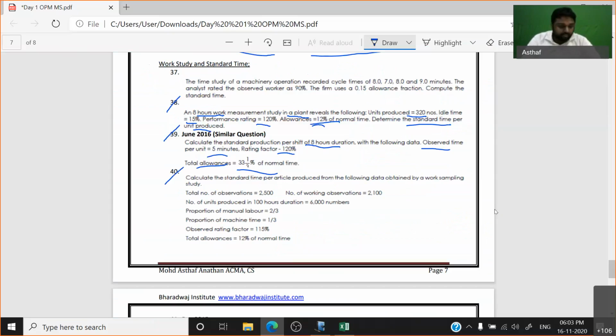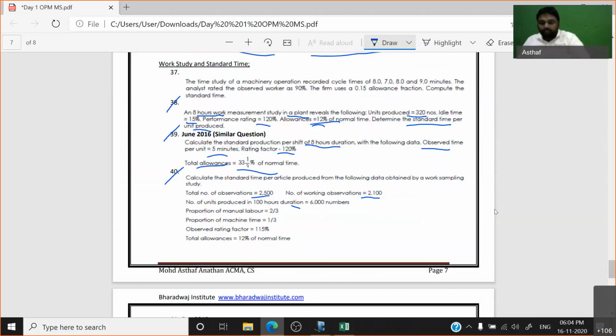Calculate the standard time per article produced from the following data of sampling: total number of observations, number of working observations, number of units in 100 hours, manual and machine proportion, observed rating, total allowance. So we will start.